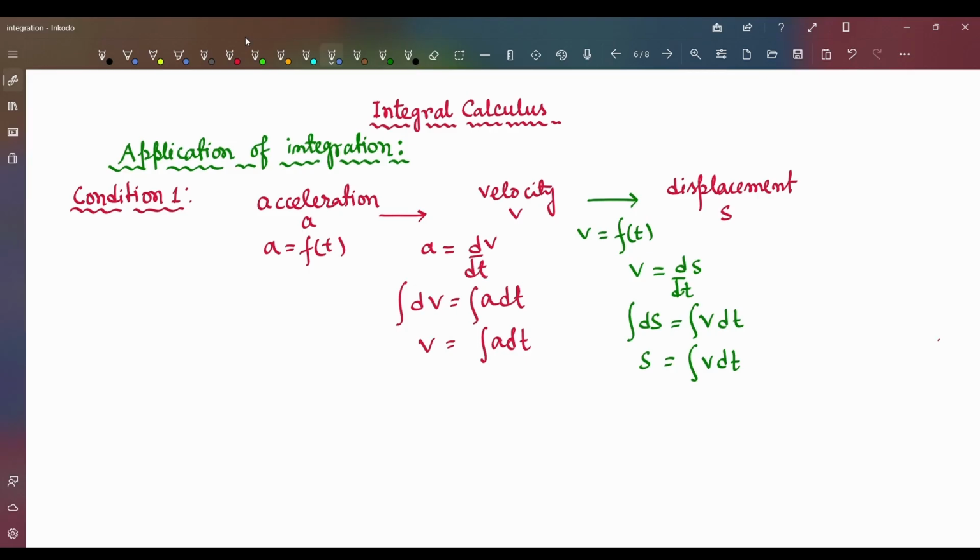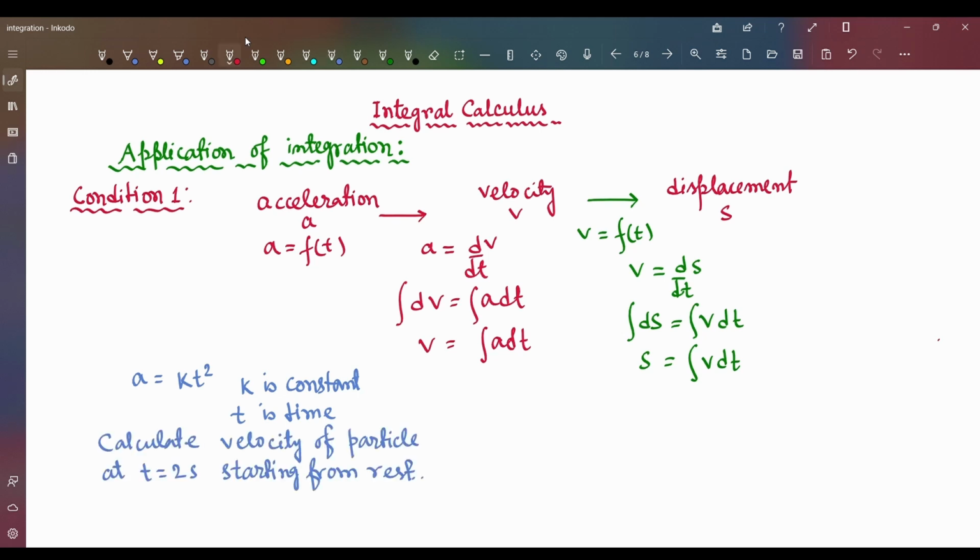Suppose the acceleration of a particle is A equal to k t square, where k is constant and t is time. Calculate the velocity of the particle at t is equal to 2 seconds, starting from rest. As acceleration is a function of time, we can write A is equal to dv/dt.